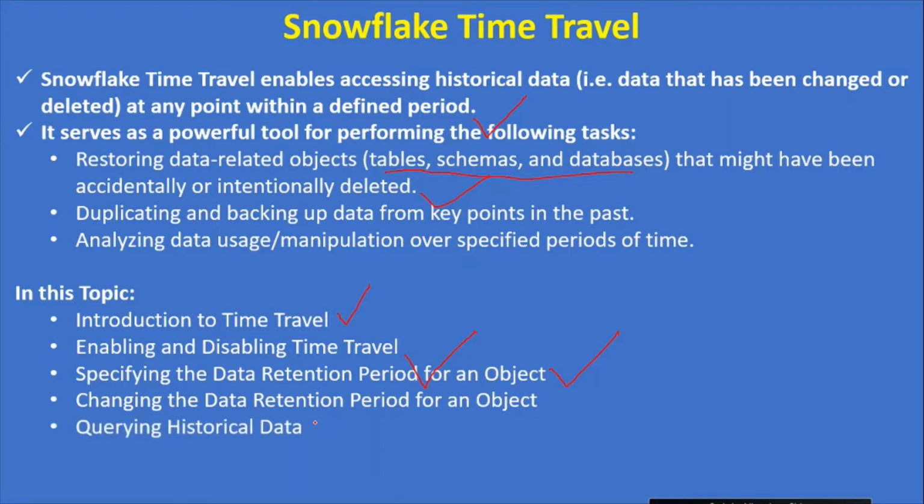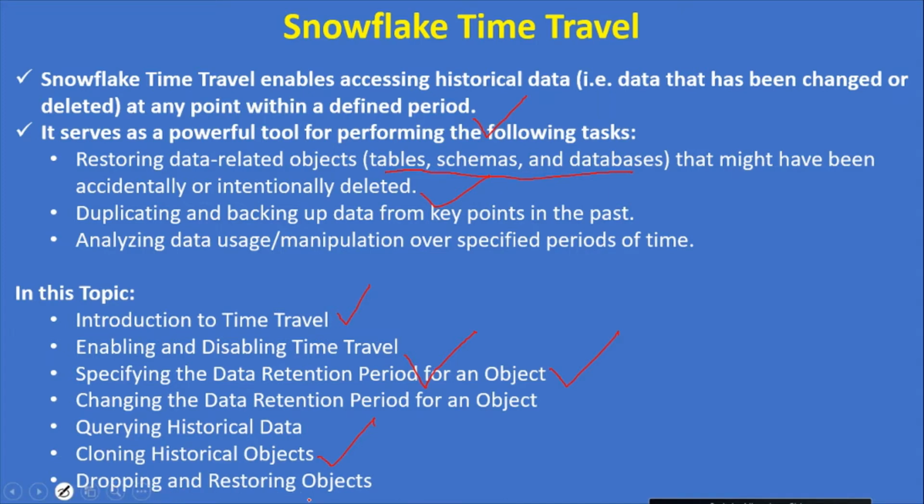And querying historical data, how you are going to query the historical data. And the last one is cloning historical objects. These are the topics as part of Snowflake time travel we are going to discuss in this slide. And one more, sorry, dropping and restoring objects.